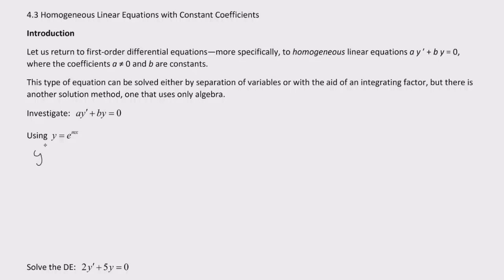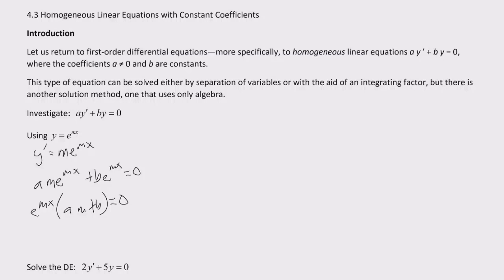If I take the derivative, y' is m e^(mx), and if I evaluate that, a m e^(mx) plus b e^(mx) equals 0, and I factor out the e^(mx), that's going to give me am + b = 0.